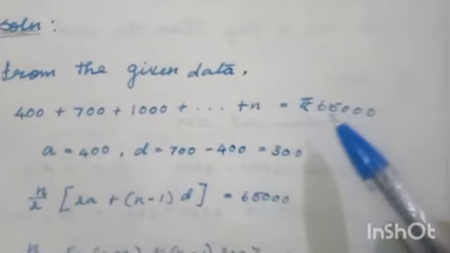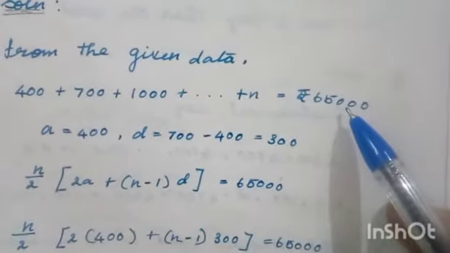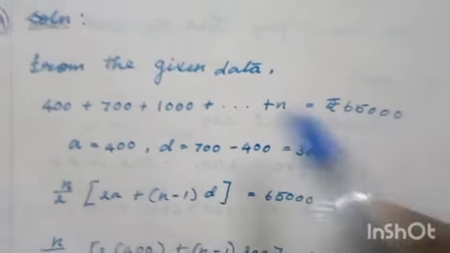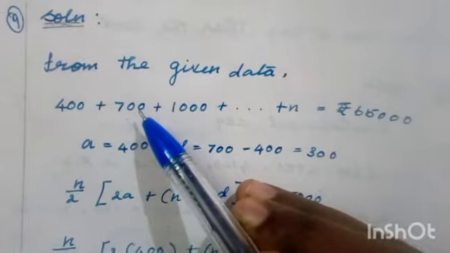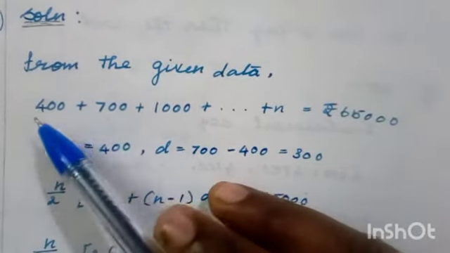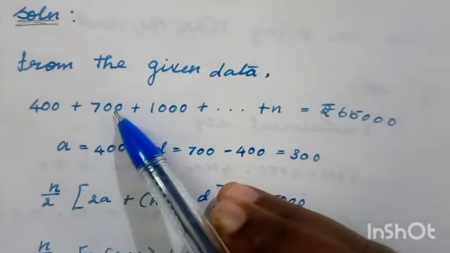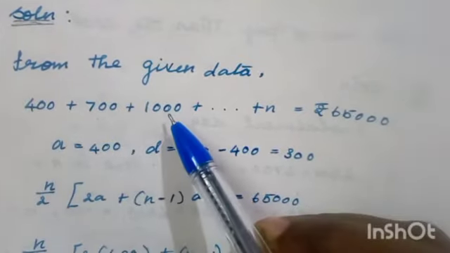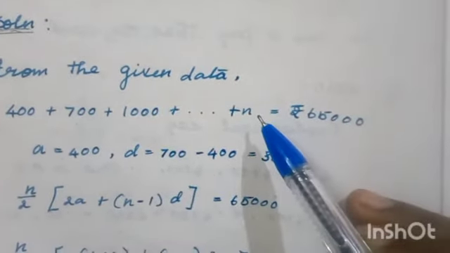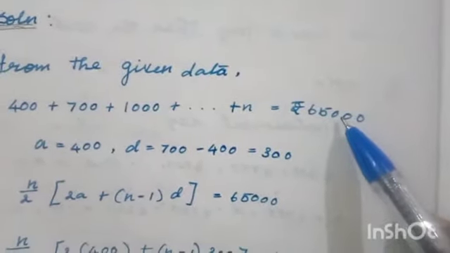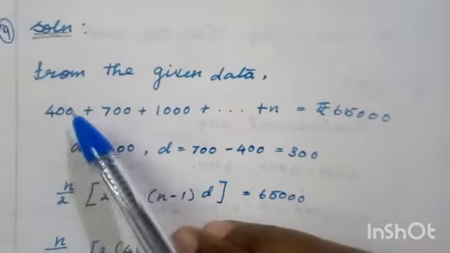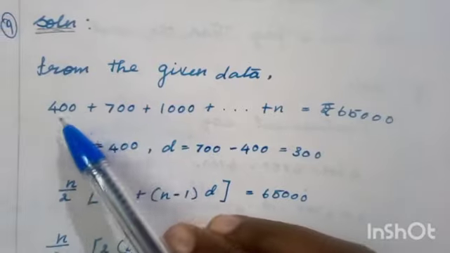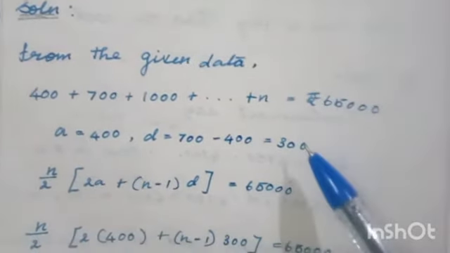That is equal to rupees 65,000, the total loan amount. Once again listen, the first month amount is 400, for every month increased by 300. So 400 plus 300 is 700, 700 plus 300 is 1,000, plus etc. up to n equal to 65,000. This is the total loan amount. So a is 400, and the difference, T2 minus T1, is equal to 300.